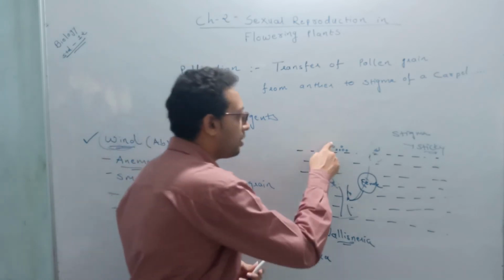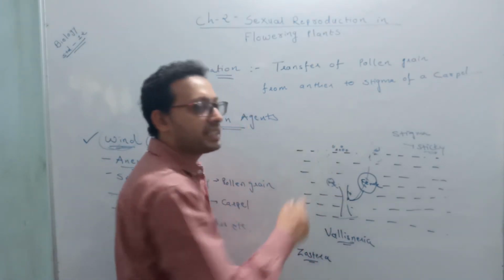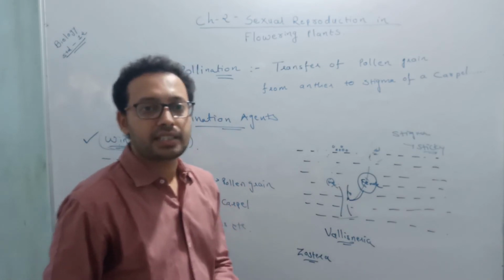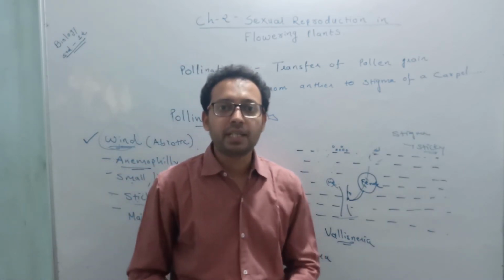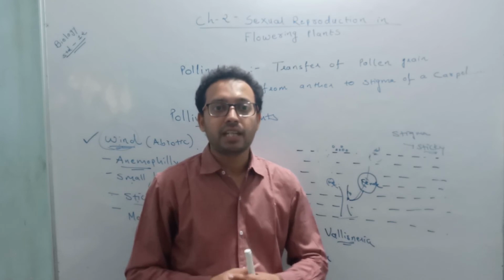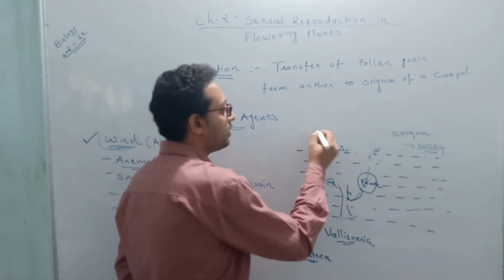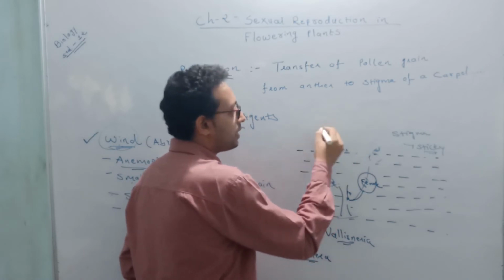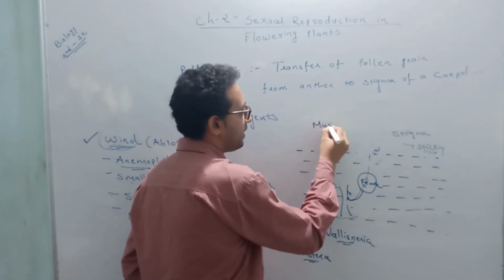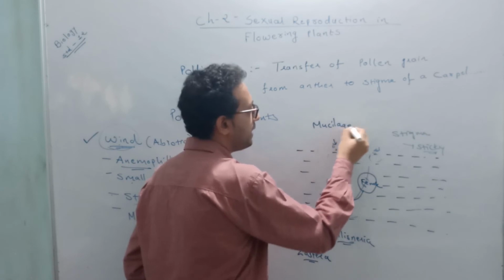But whether it is on the surface of the water or in the water, the chances are that the pollen grain may become wet and get damaged. To prevent damage, the pollen grain is covered by a specific layer called mucilage.